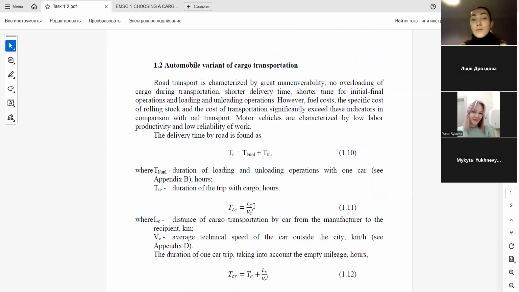Okay, so we find L with index C, and in our denominator we need to find our speed. It is V with index C, the average technical speed of the car outside the city, in kilometers per hour. Our methodics proposes we see this information in appendix D. And I think we can use this information because it is the same for the biggest variant, and I can see how many kilometers per hour we use for delivery.